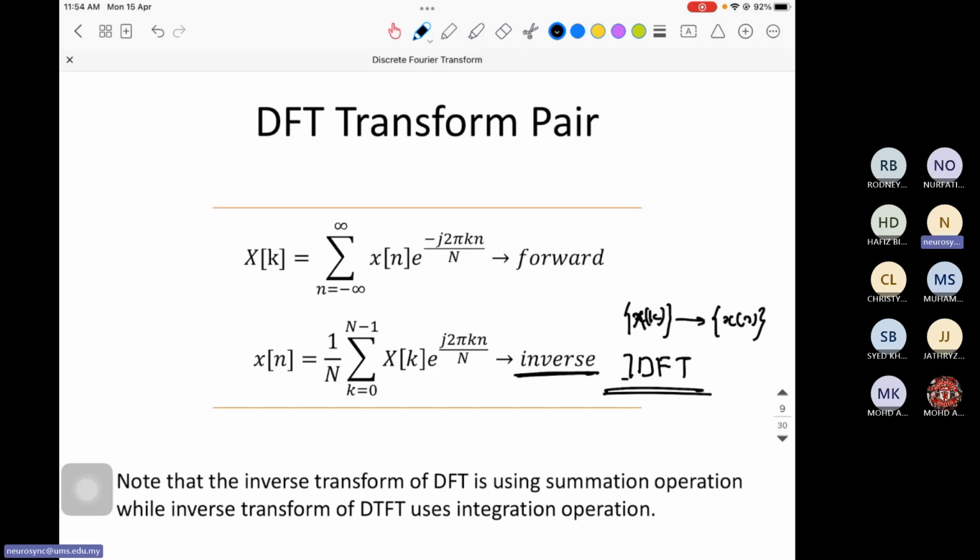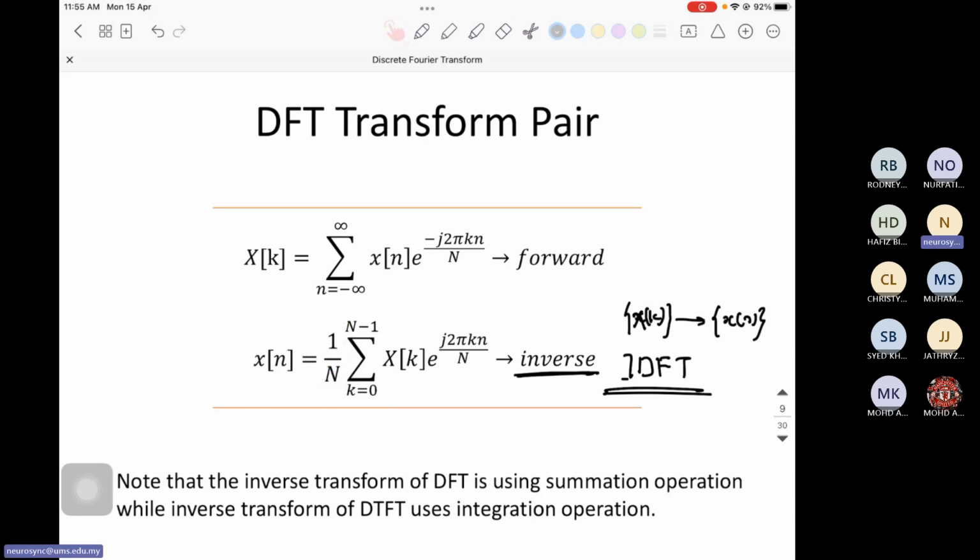Here you can see we have summation in both the cases. In case of the inverse discrete time Fourier transform, we had the integral. Why was the integral there? Because x of omega was there, and that omega had continuous values. Now here we have discrete values, therefore we need to take summation. Again, we need to average, that is, multiply by 1 by n.